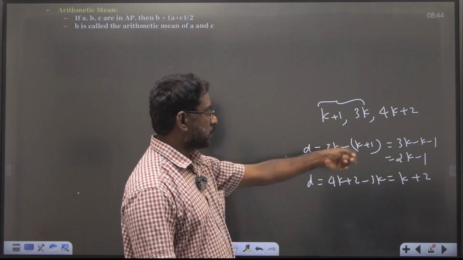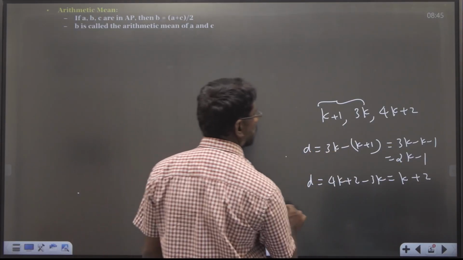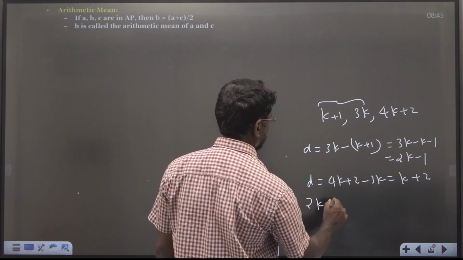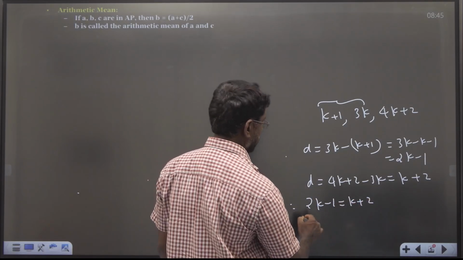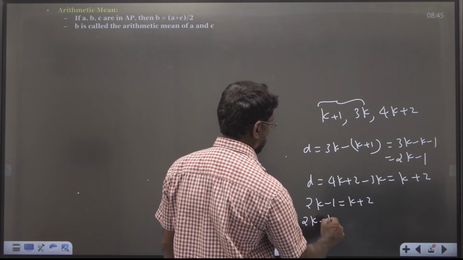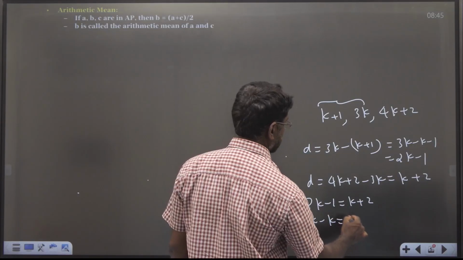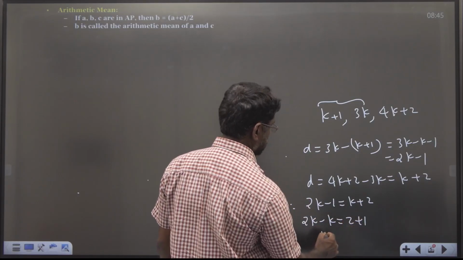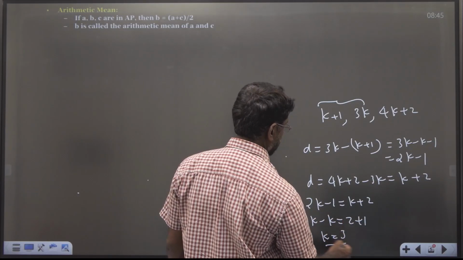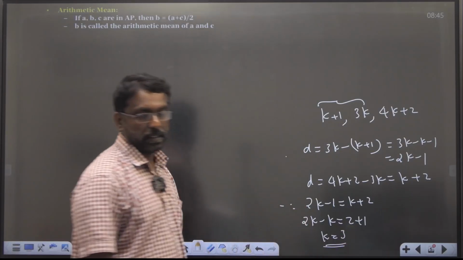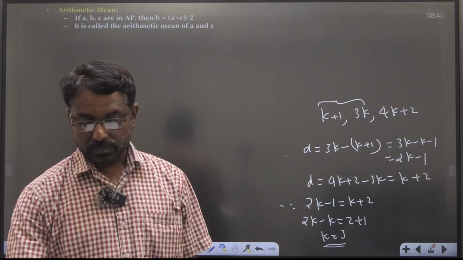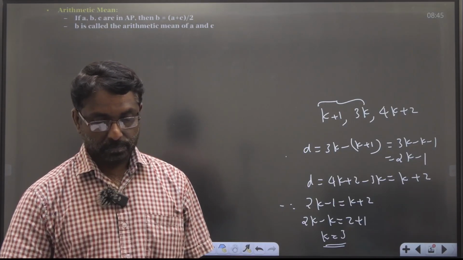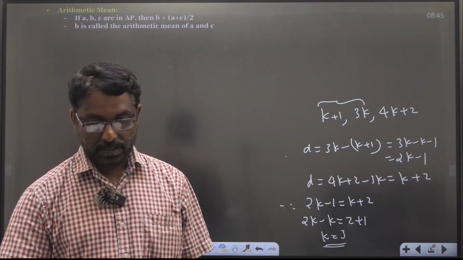Both are D, both are equal. Therefore, 2K minus 1 is equal to K plus 2. Take this K to the left hand side, minus K. This 1 to the right hand side, 2 plus 1. 2K minus K is K, 2 plus 1 is 3. K is equal to 3 is the answer.